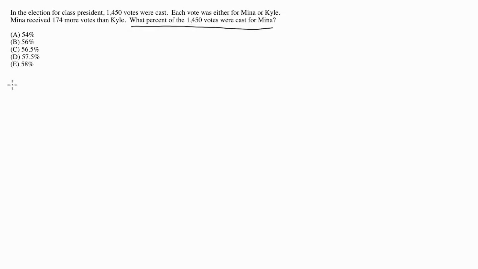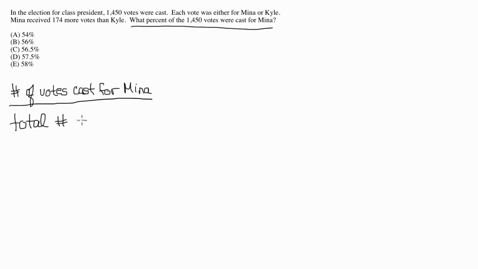Our numerator is the number of votes cast for Mina, over our denominator, the total number of votes cast. And because it wants it as a percent, we need to multiply it by 100.